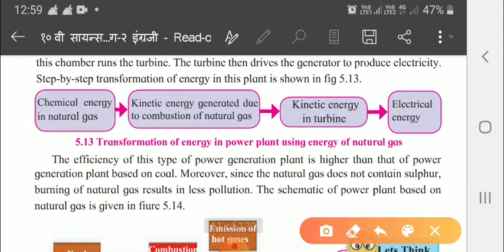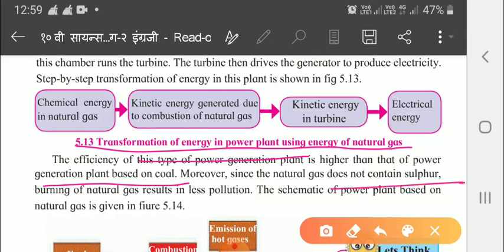So here we can see the transformation of energy in a power plant using energy of natural gas. The efficiency of this type of power generation plant is higher than that of the power generation plants based on coal, because natural gas does not contain sulfur, so there will be no pollution. When the natural gas burns, no pollution will be there.